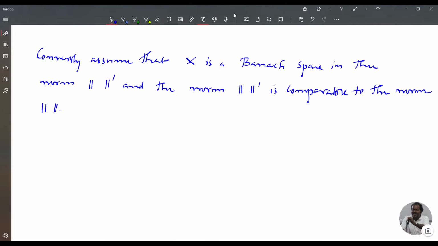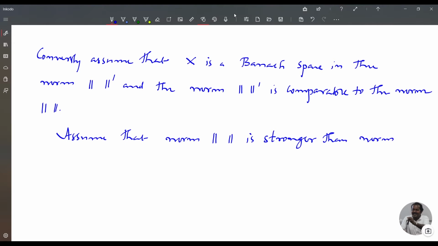So without loss of generality, assume that norm is stronger than norm dash.